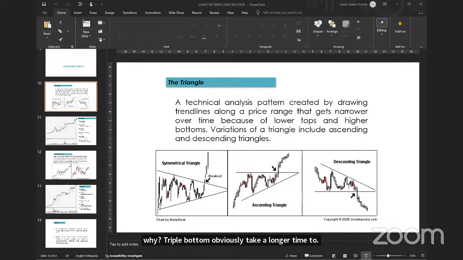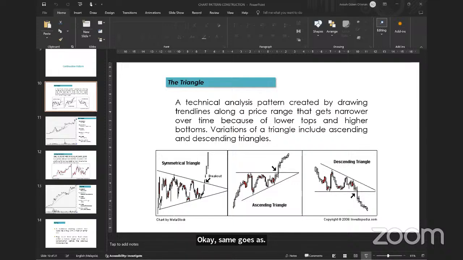So now pay attention to the left. The black line is the neckline. So what you do, you measure the height from the bottom to the neckline, and that will be your target, X to X. Same goes for triple bottom.